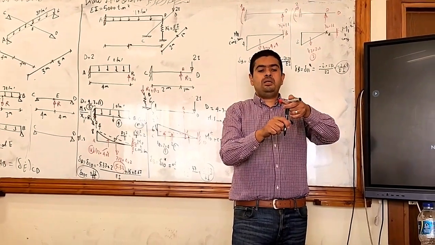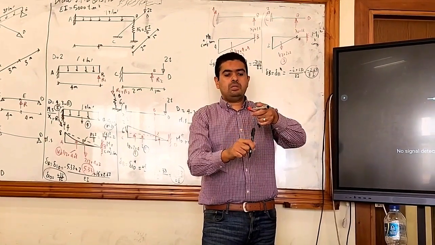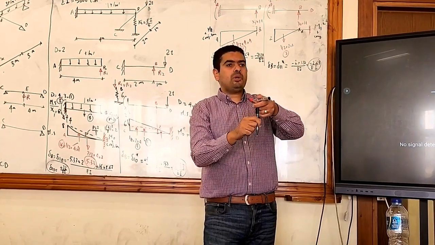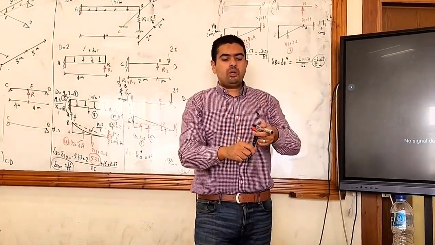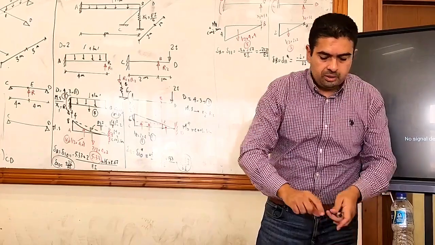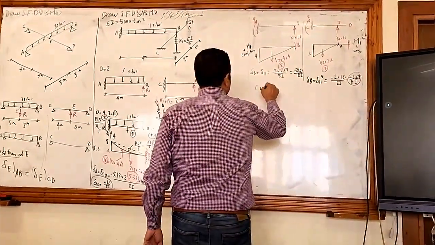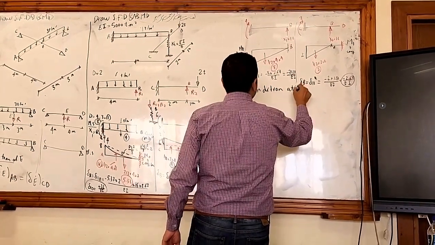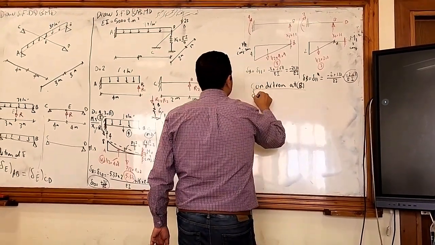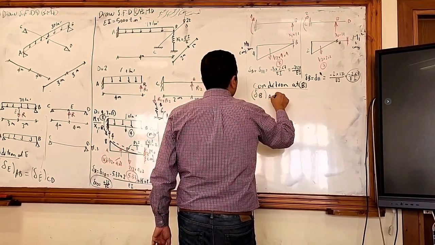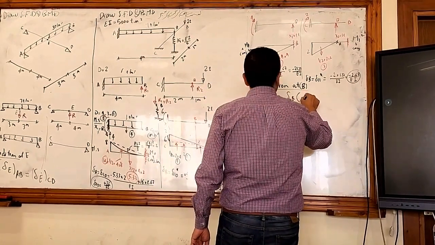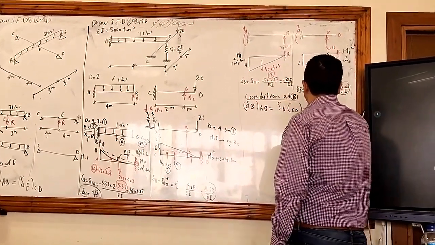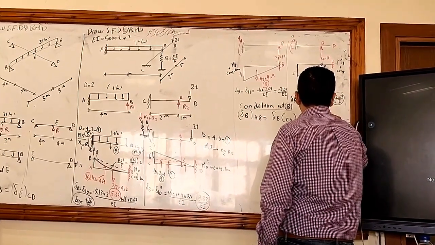If the spring moves downwards, compressed, all of them will be compressed the same. So the condition at B: delta B for AB will be equal to delta B for CD, will be equal to delta B for the spring.